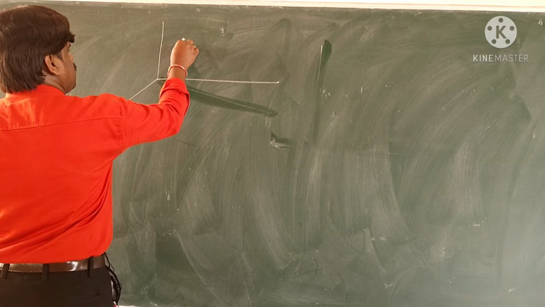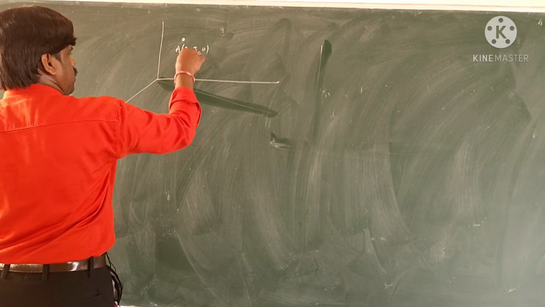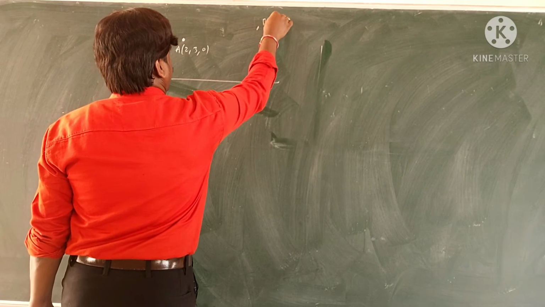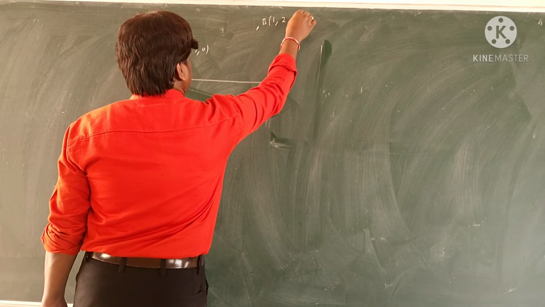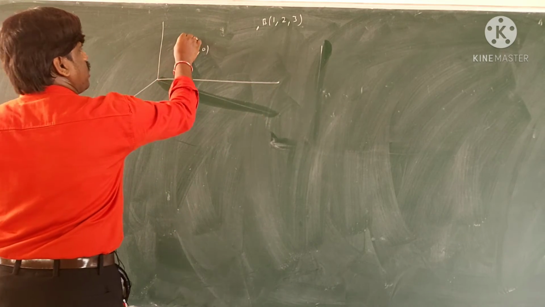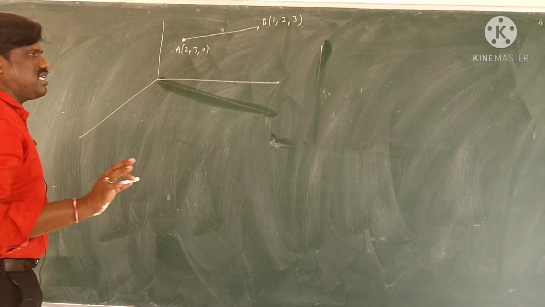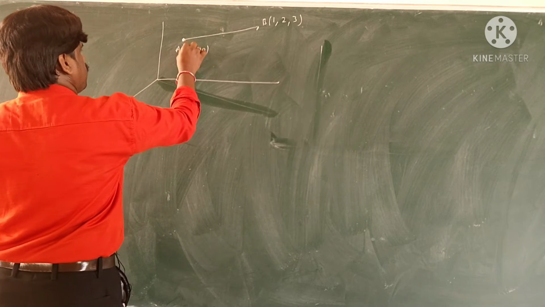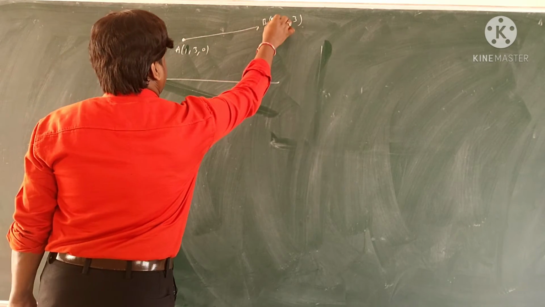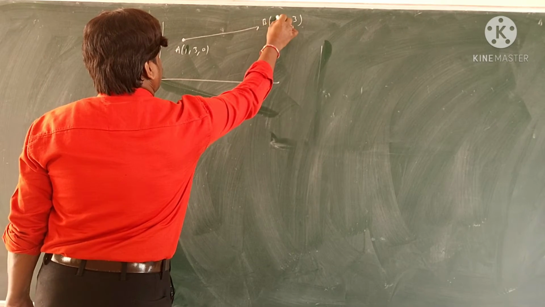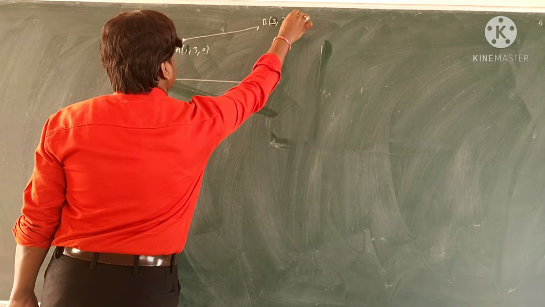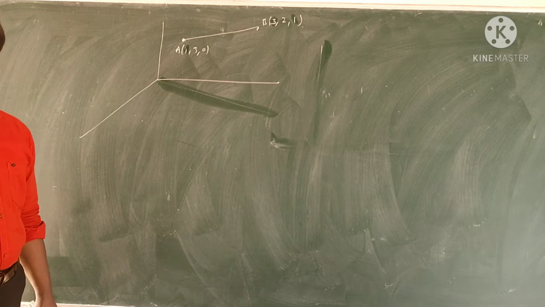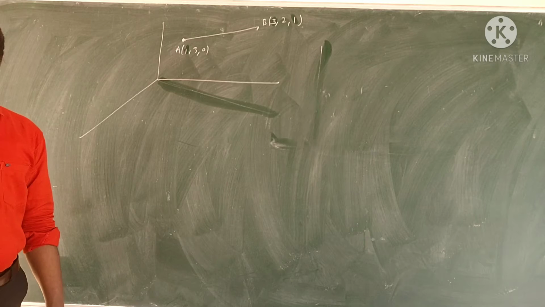Suppose point A is (1, 3, 0) and point B is (3, 2, 1).